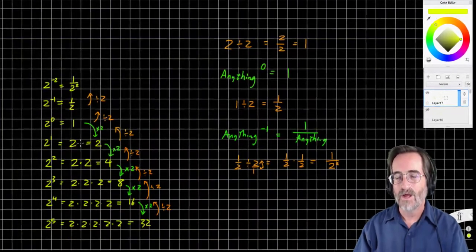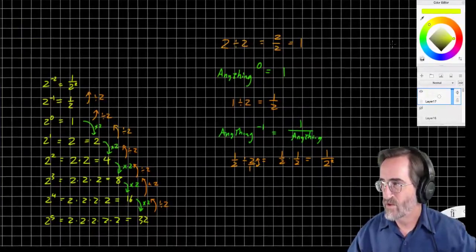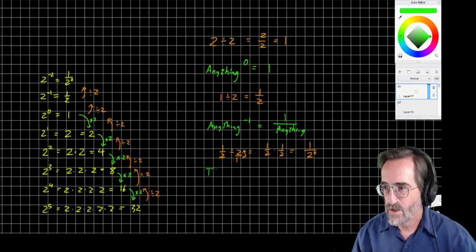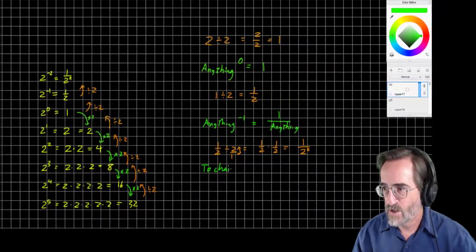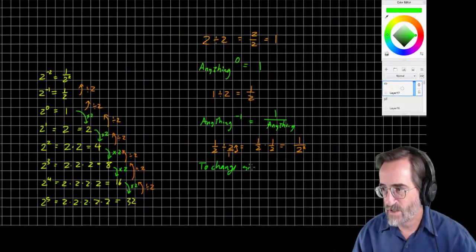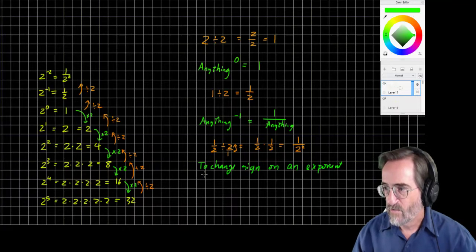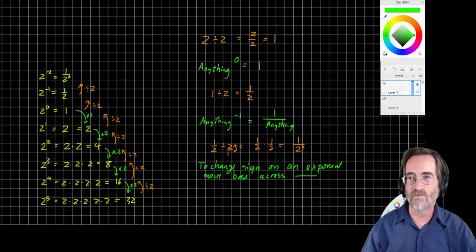And that brings up this rule. To change the sign on an exponent, move the base across the fraction bar.